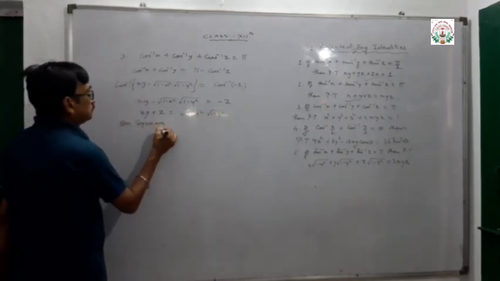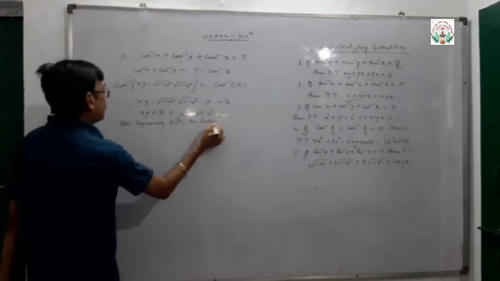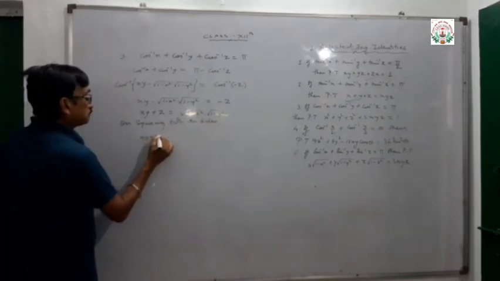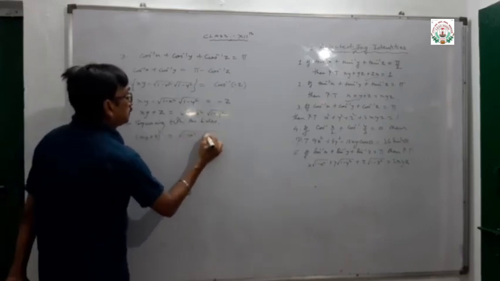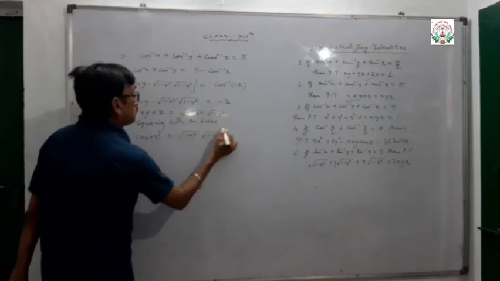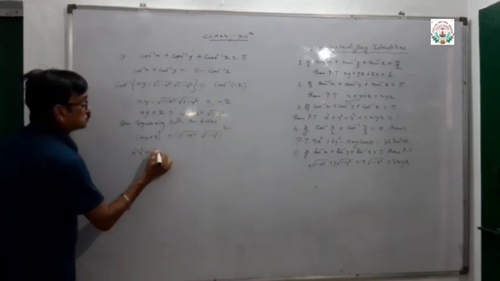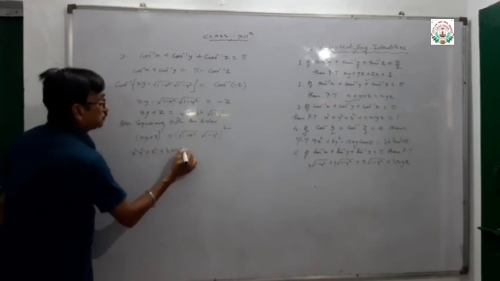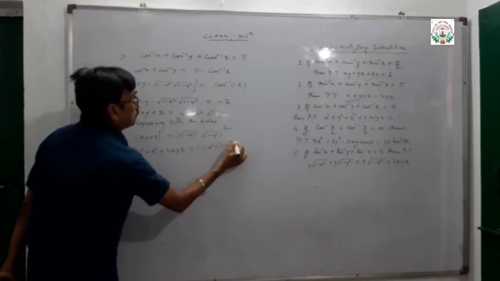On squaring both the sides, we have xy plus z the whole square equals under root 1 minus x square 1 minus y square the whole square. So x square y square plus z square plus 2xyz equals 1 minus x square into 1 minus y square.